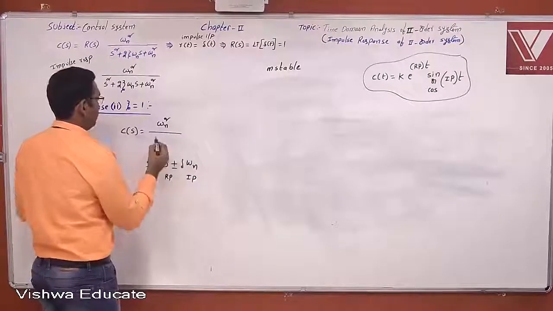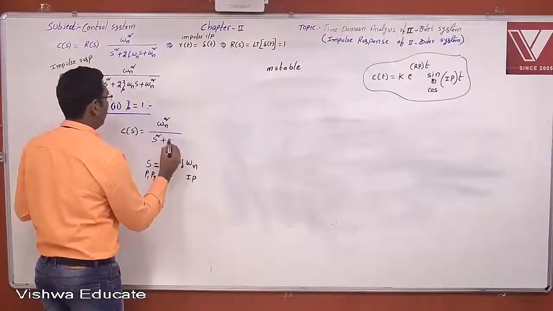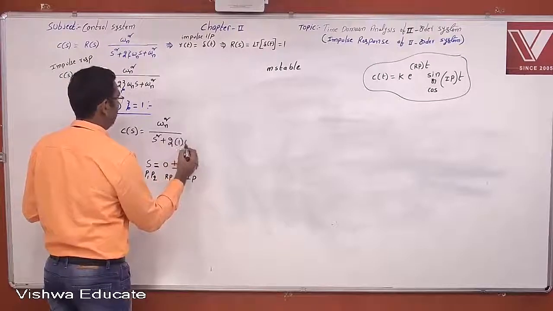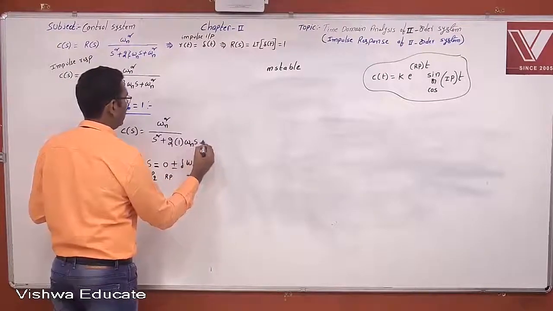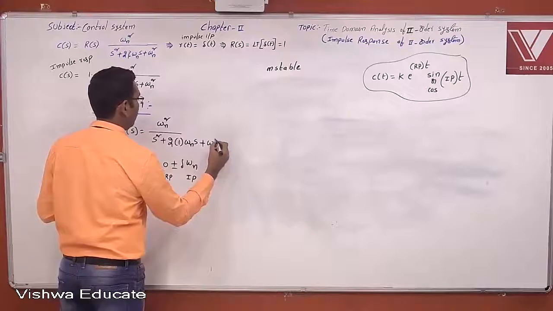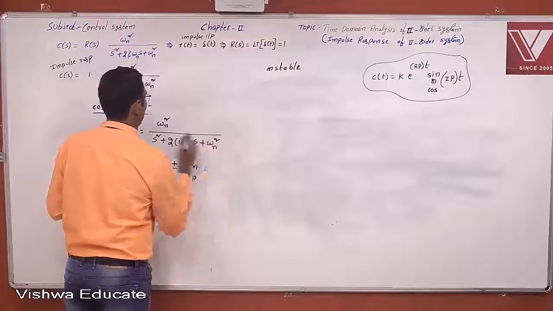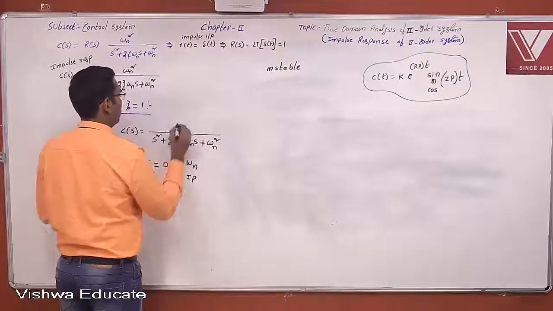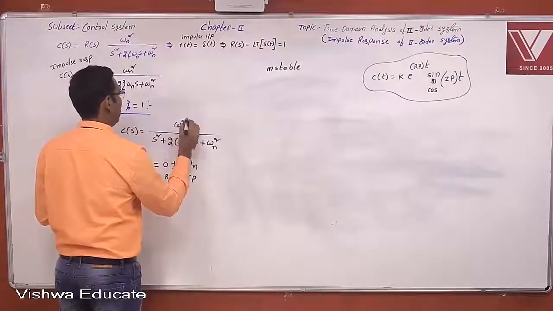S square plus 2 zeta, which is 1, into omega n s plus omega n square. This is omega n square.